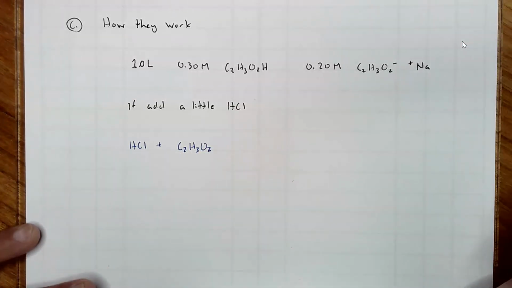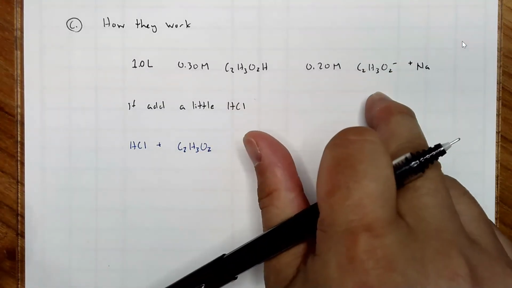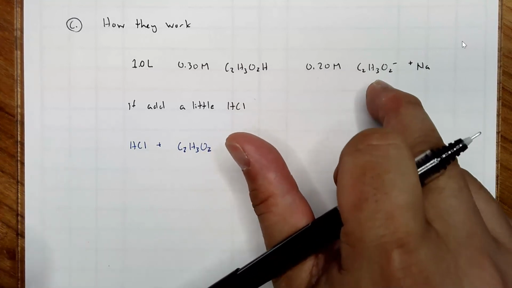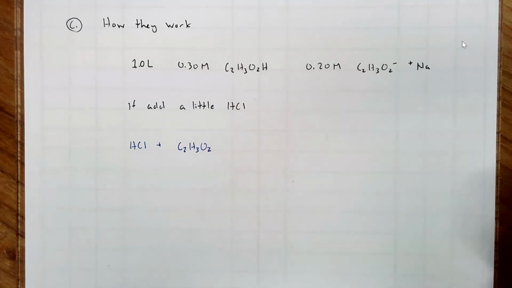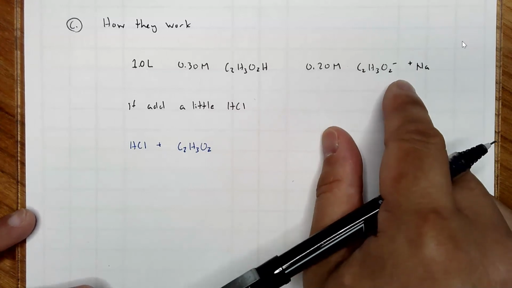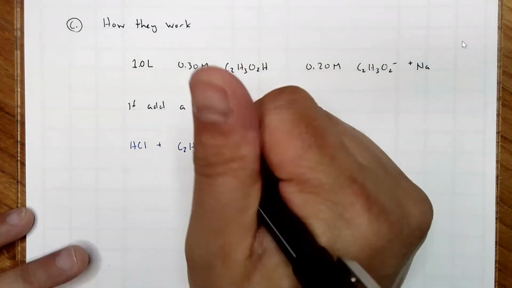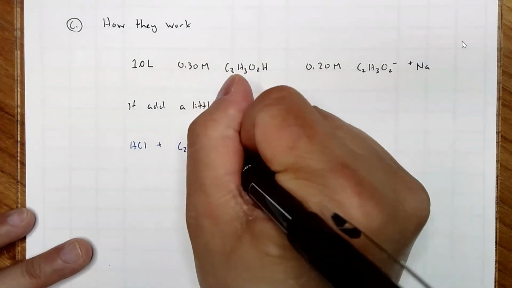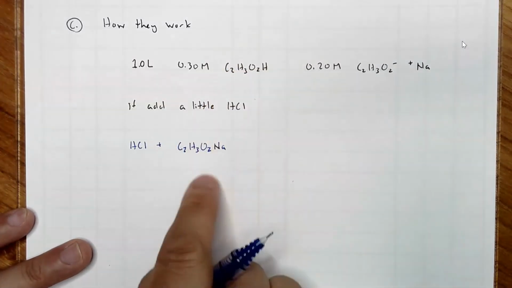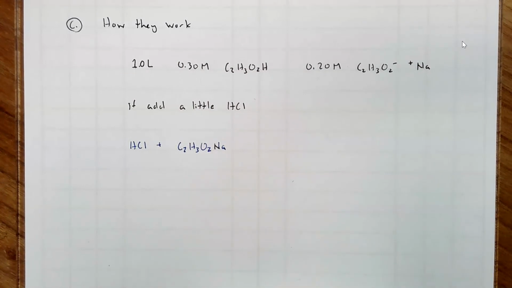Like I said, even though this was made in the round bottom flask or in the beaker, if you had to get acetate from the stock room, it will be sold as a salt, or it will be existing as a salt. So let me put that Na, and we'll put it complex as an ionic bond.